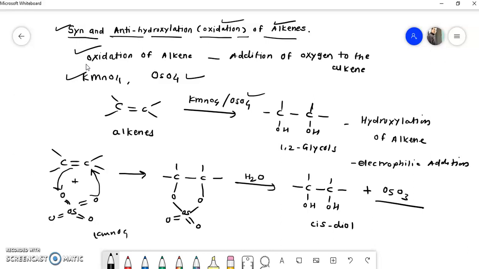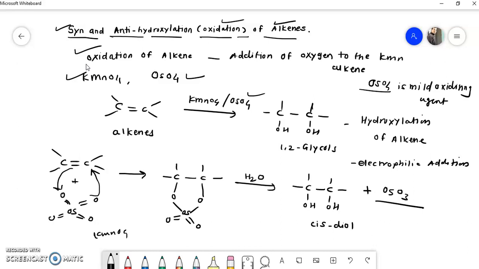In the first step, we get this cyclic intermediate, and this intermediate is converted into the cis diol by the addition of water onto it. The only thing we have to remember here is that osmium tetroxide is a mild oxidizing agent, and it is used generally for the oxidation of alkenes.